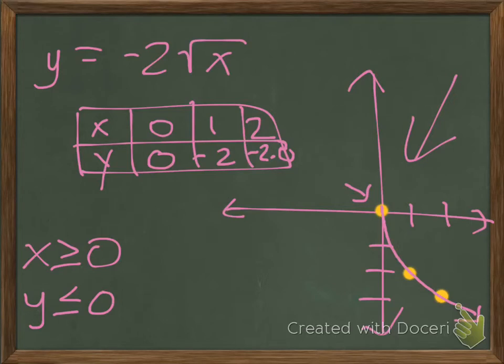Now, if I were to use words to compare this to the parent graph, I need to think about how I would compare it. Well, I know that it's below the x-axis now. So the words that we use to compare those types of graphs are that it's reflected across the x-axis. So I'm going to say that.